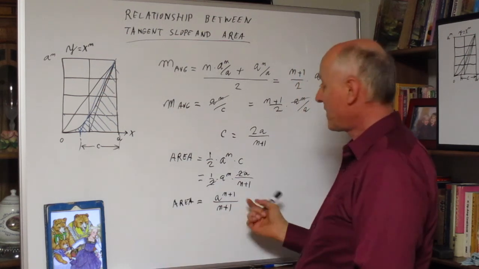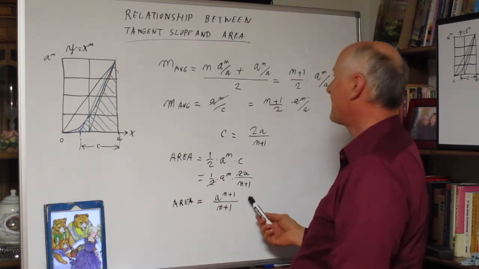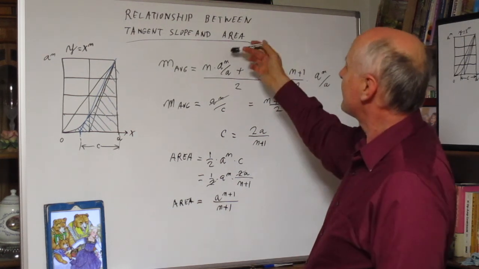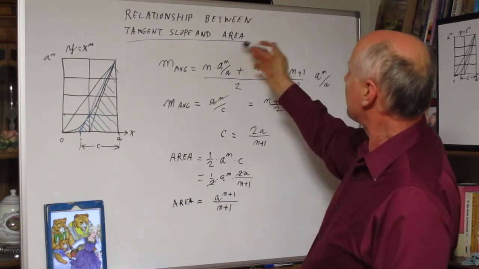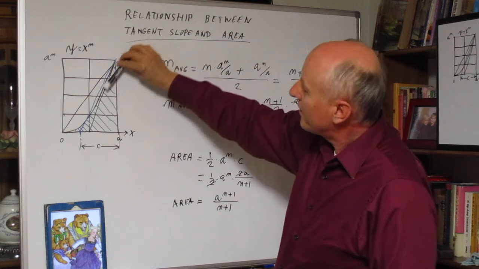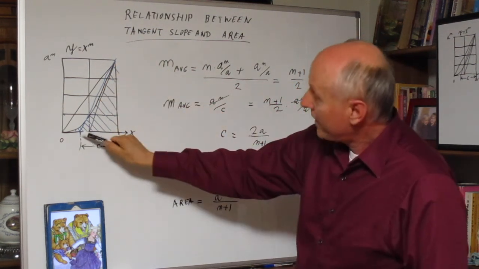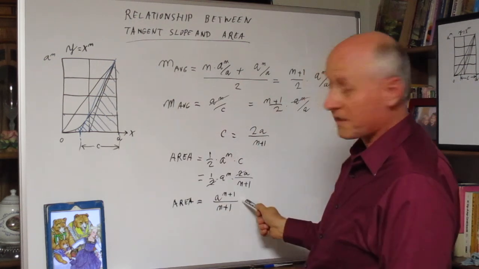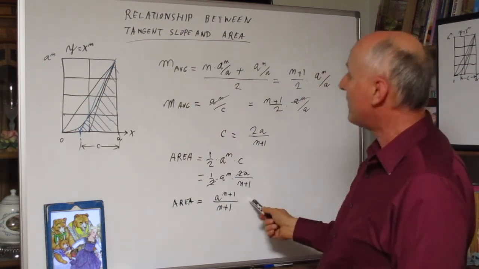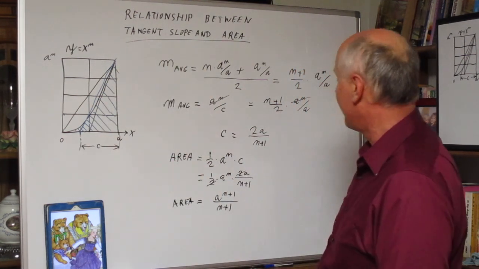This is Cavalieri's formula, by the way. And so you see off the bat that if you have the average slope, that gives you this nice blue triangle. That area is exactly Cavalieri's formula for this curve, x to the n.